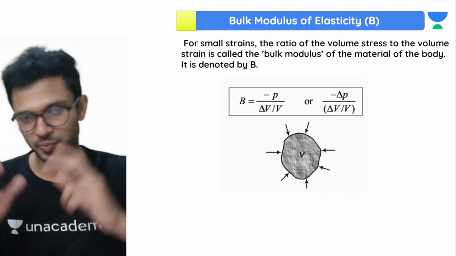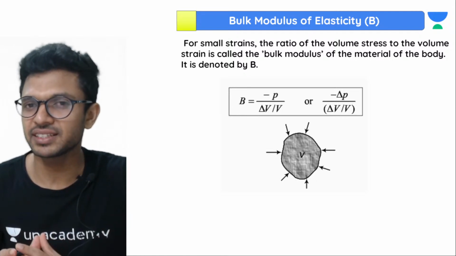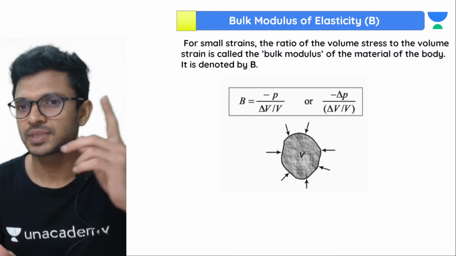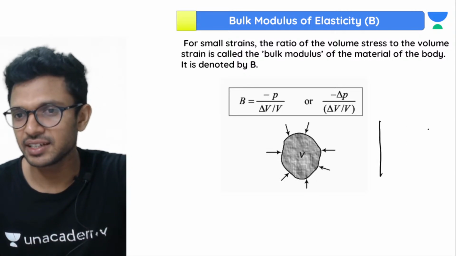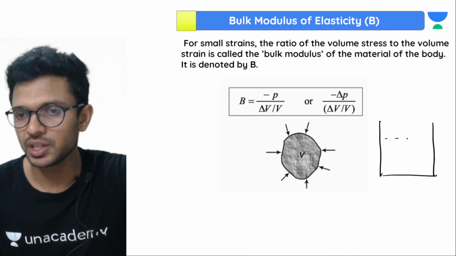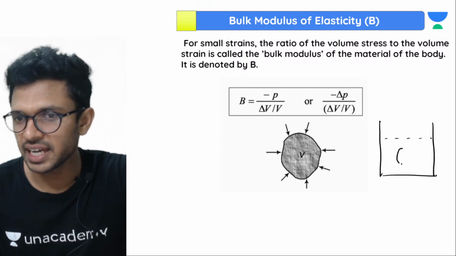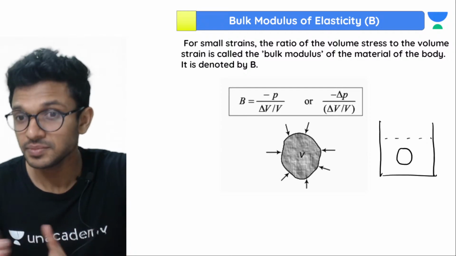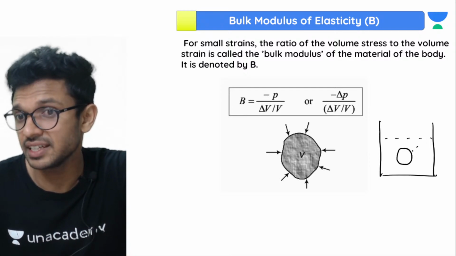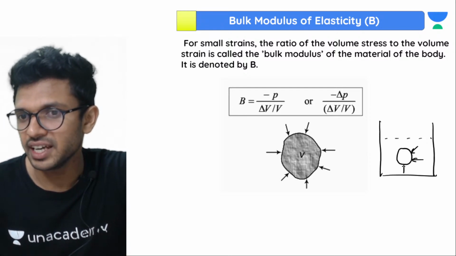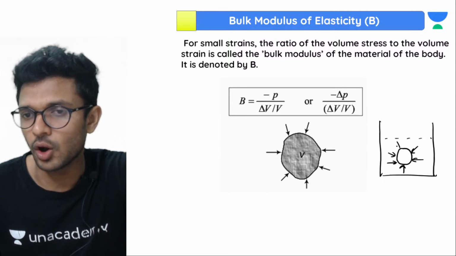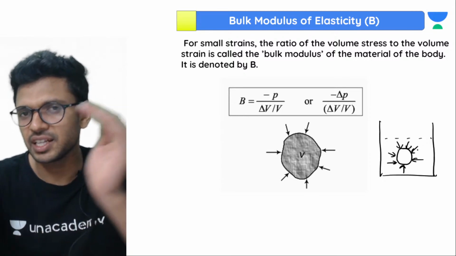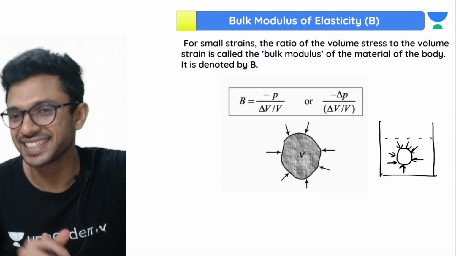Okay, yes. Bulk modulus of elasticity, when will it be used? Remember that we are having a beaker with water. Inside that you are keeping a big volume of material. Because of the pressure inside the water, what happens? Yes, the forces will be applied on all the points on this area, right? The body will be compressed, right?